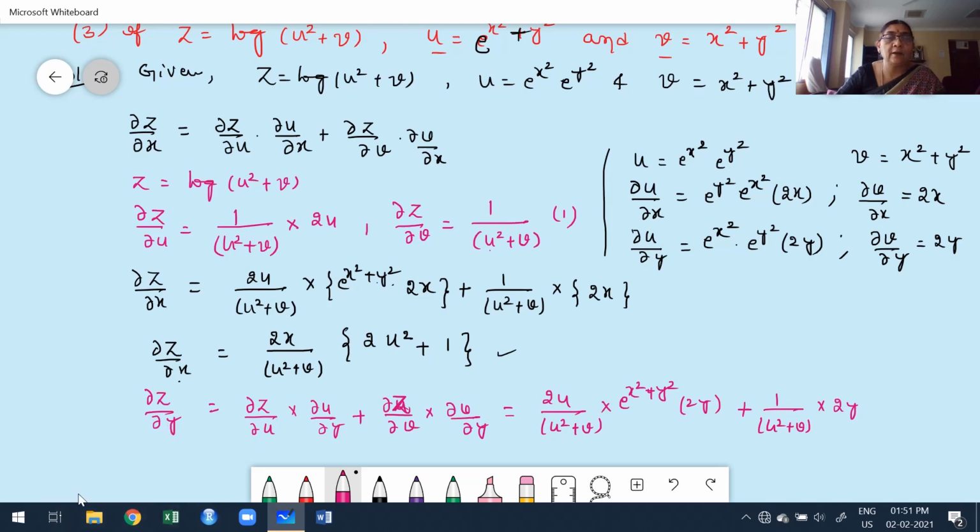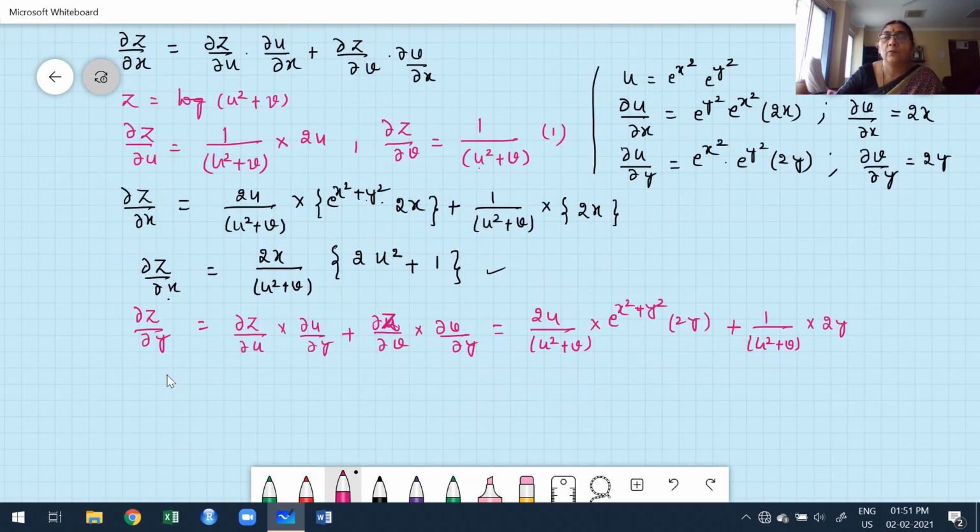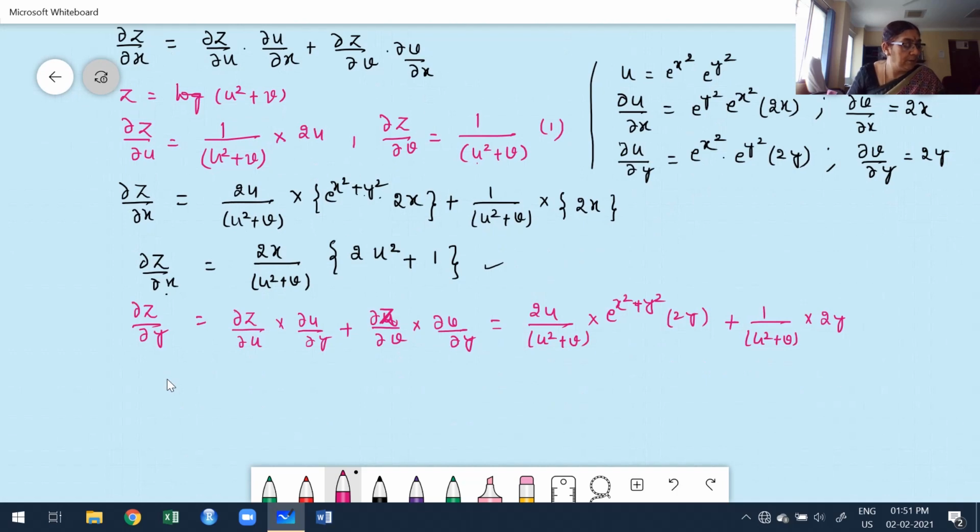What's a common factor? Now, I'm going to take the common factor. You know that 2y, and here the partial derivative of v.